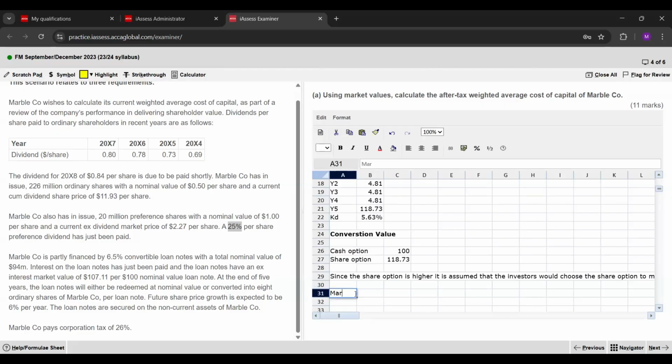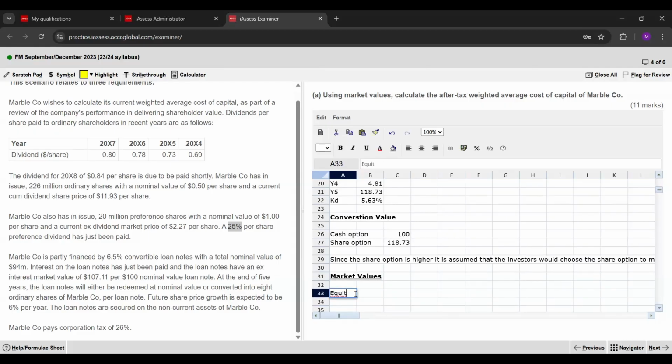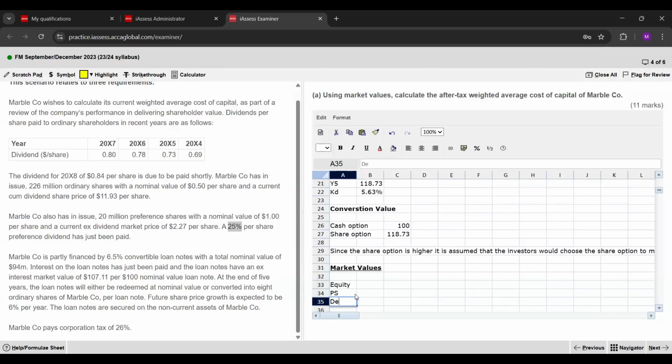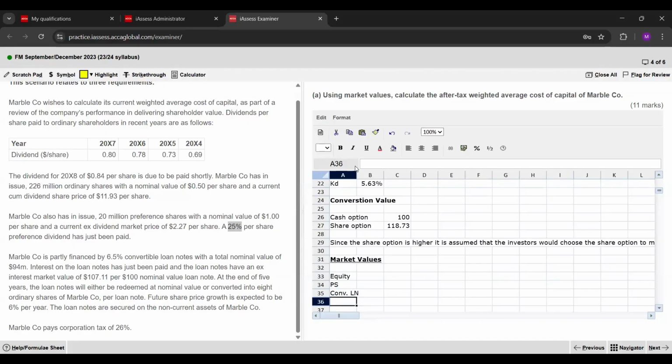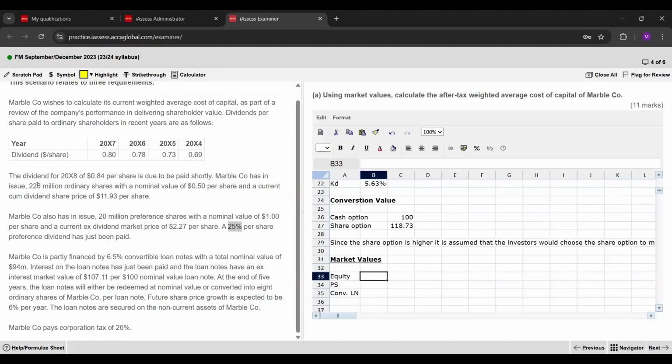Next, what you need? You need the market values. So equity, preference shares, and convertible loans. What is the market value of equity?